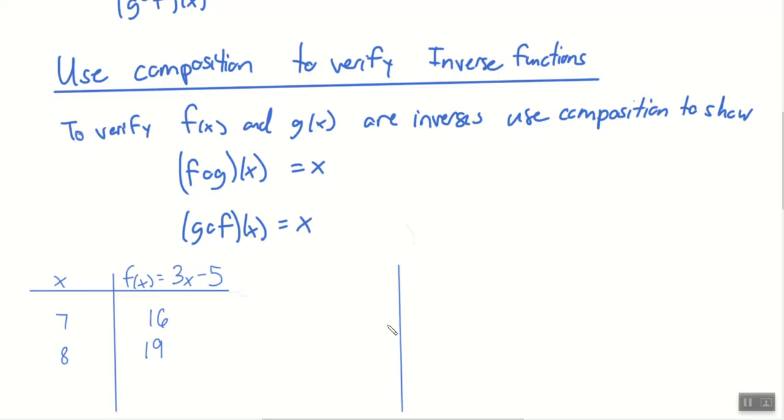Now I'll make a table over here for x and g of x, which was x plus 5 over 3. What is my x value for this equation when I was trying to go backwards? What was my x value that I had to plug in here?